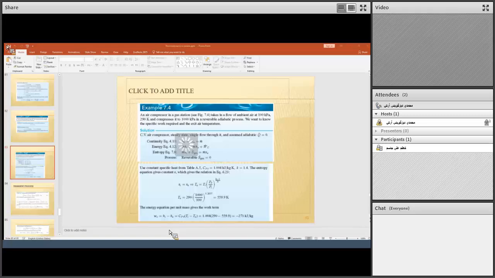So we want to know the specific work required and the exit air temperature. Specific work means work per kilogram.